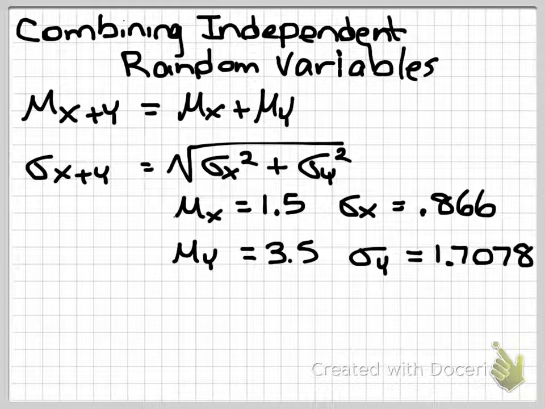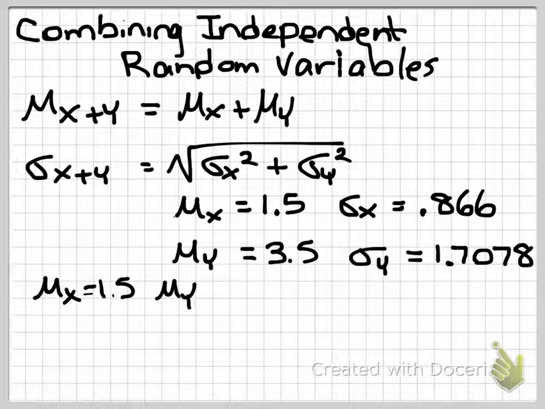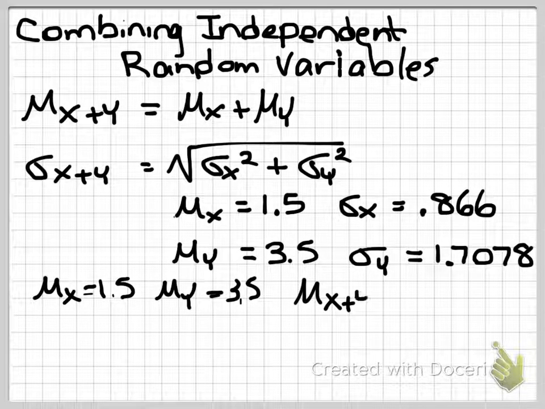For instance, mu of x was 1.5 and mu of y was 3.5, so mu of x plus y is 1.5 plus 3.5, which is 5.